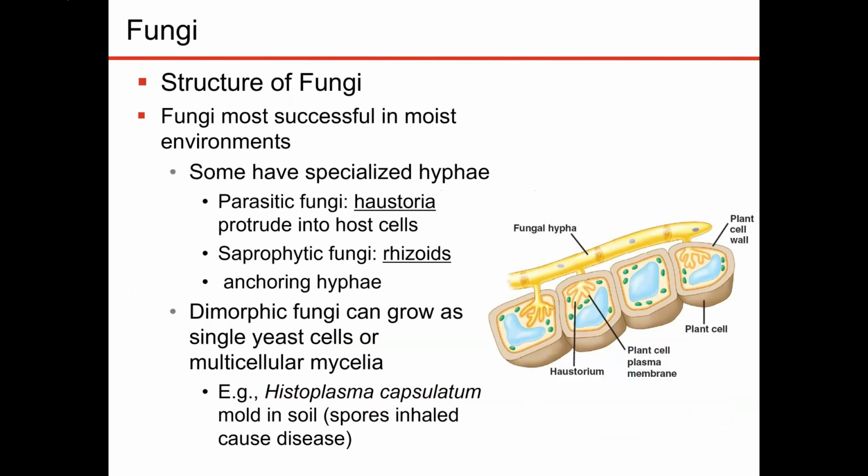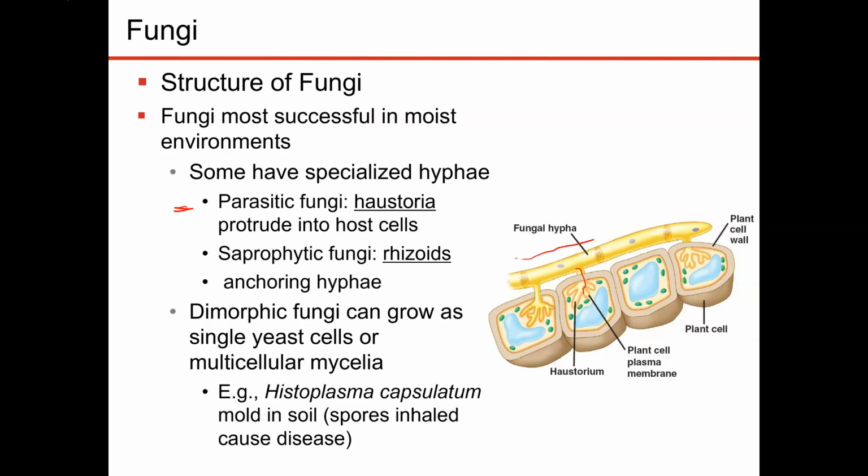So most fungi live in terrestrial environments, but these terrestrial environments are in general moist. Some have specialized hyphae that allow them to grow into living organisms. So these would be your parasitic fungi. The structures are called haustoria, and you can see here a fungal hypha growing into the cells.